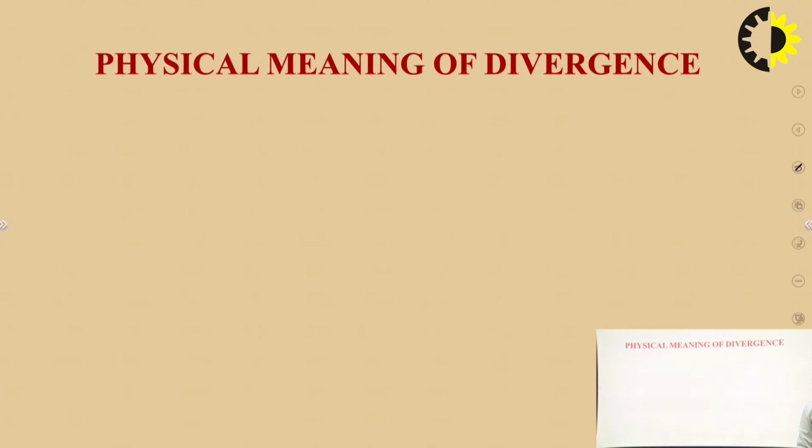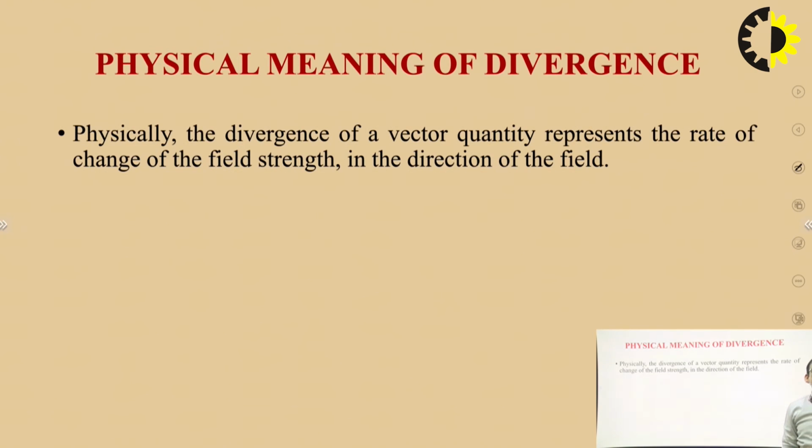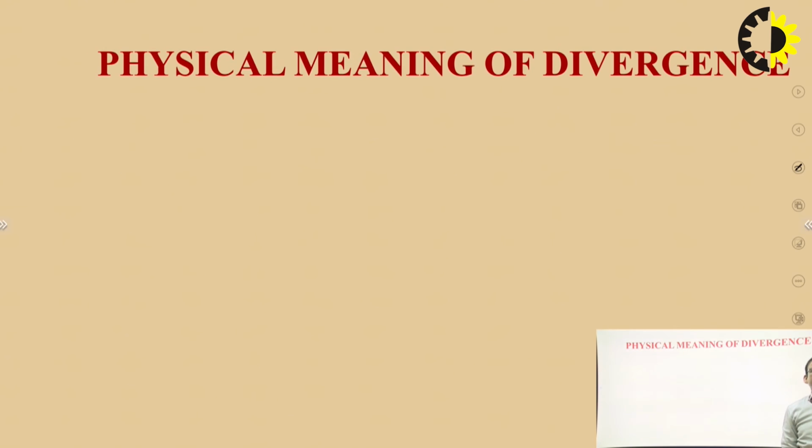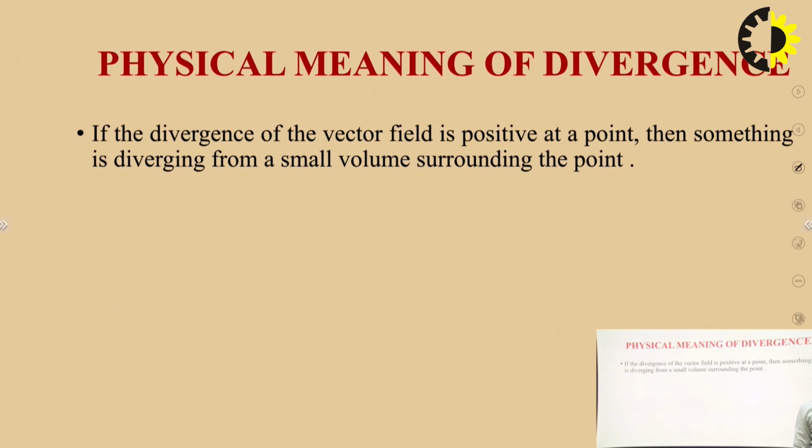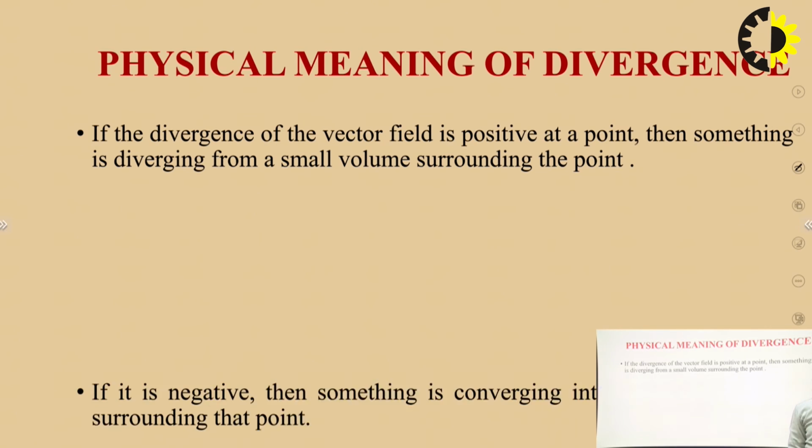And then the physical meaning of divergence. Physically, the divergence of a vector quantity represents the rate of change of the field strength in the direction of a field. If the divergence of a vector field is positive at a point, then something is diverging from a small volume surrounding the point.